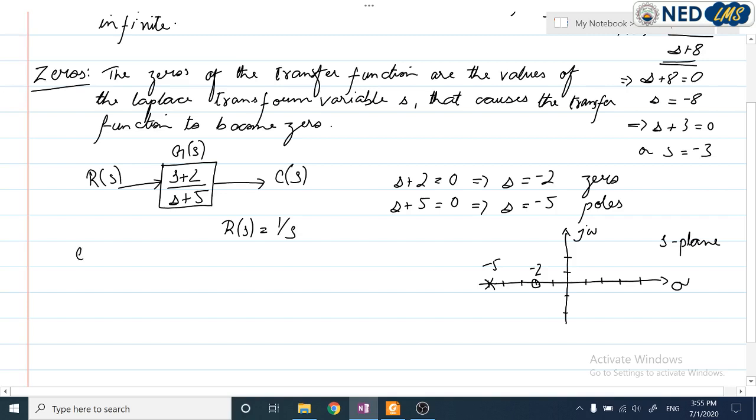So I can write G of s will be equal to C of s upon R of s, or C of s upon 1 upon s, which is equal to this term s plus 2 upon s plus 5.